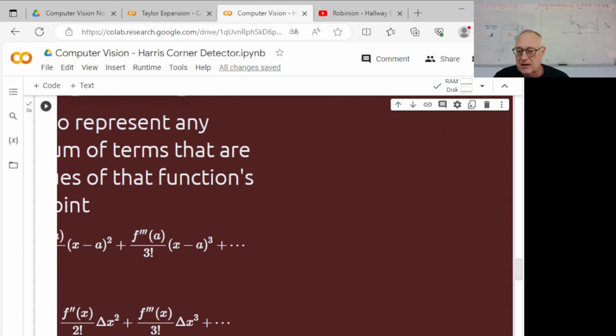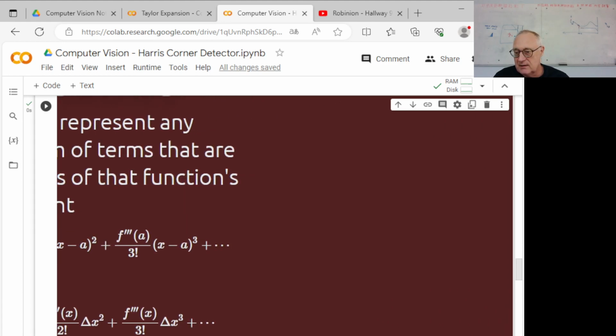Then for the second derivative we get 1 over 2 factorial, then we multiply that by delta x squared, in both directions: second derivative in the x direction, second derivative in the y direction, and then also the cross term like x and y first.